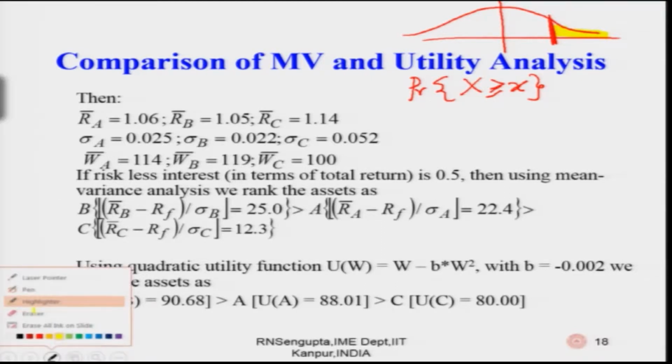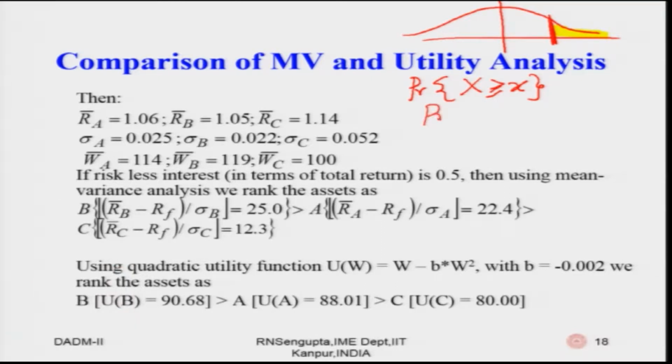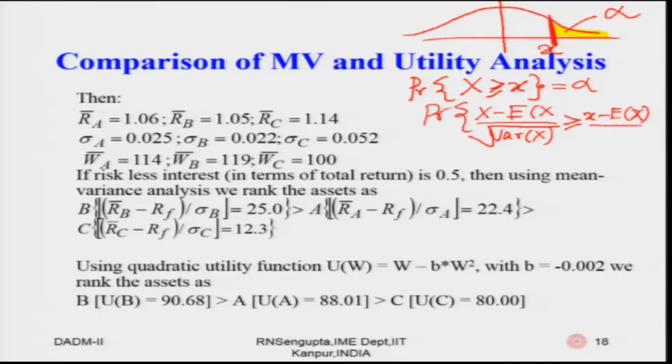So, if I come back to the calculations very simply, it is the probability of X minus, considering the normal distribution, the expected value of X, and the standard deviation of X, and consider this is alpha. So, the square root of the variance of X, which is the standard deviation, is greater than small x minus E of X. This small x is a realized value, remember that.